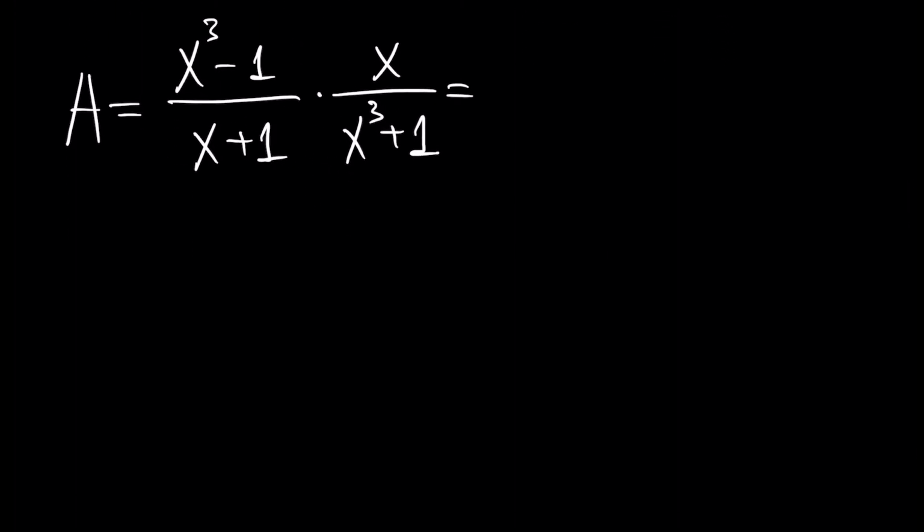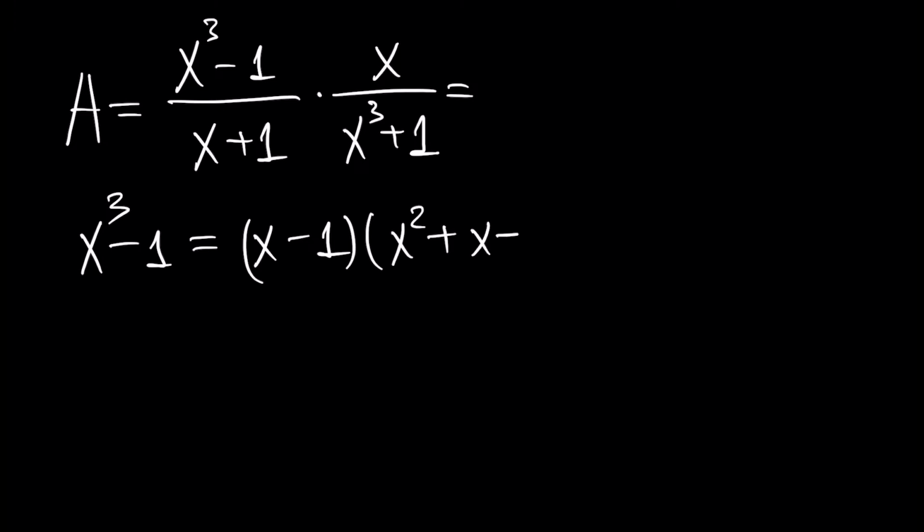In the beginning of algebra playlist, we actually learned the Bezout theorem and how to write shortcut multiplication formulas. If you don't know this, watch my playlist, beginning of algebra, on this channel, Open Math Camp. Here we can write that x cubed minus 1 is equal to x minus 1 multiplied by x squared plus x plus 1.